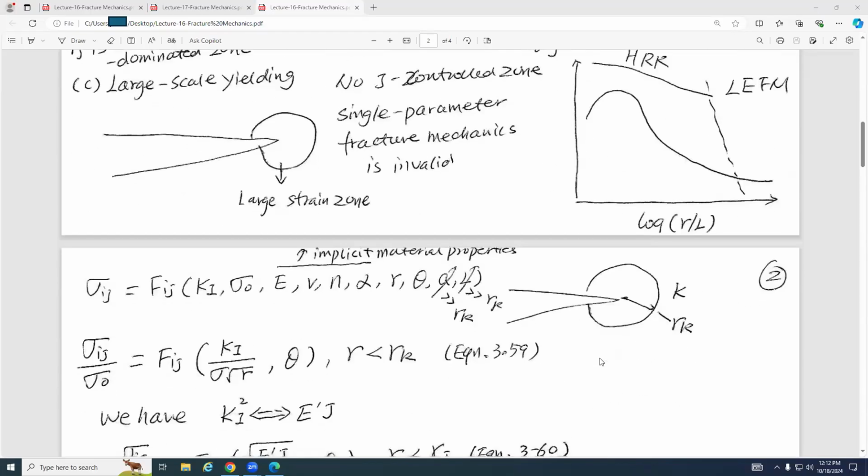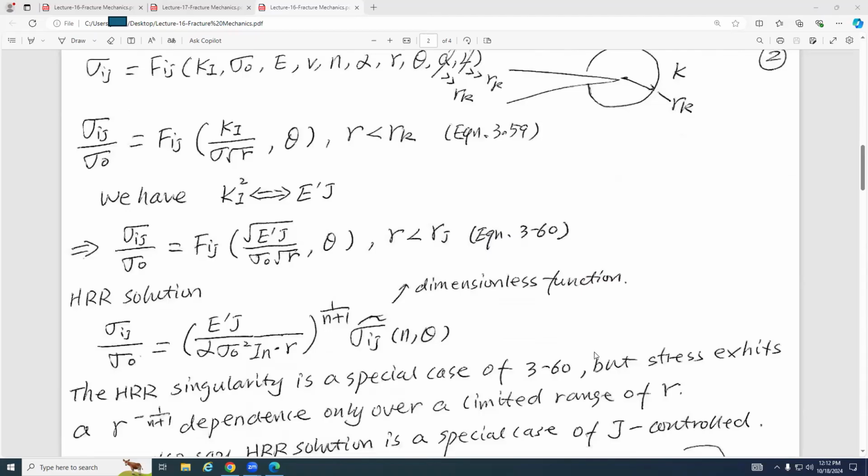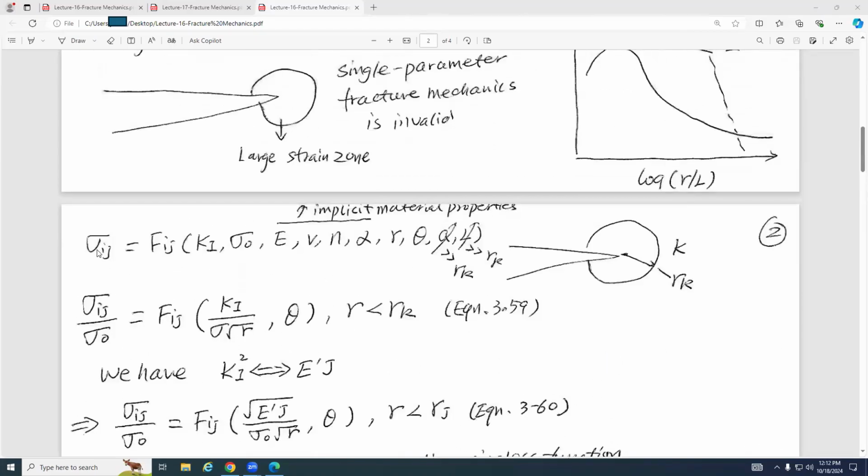Okay. So then we look at this HRR zone. For this sigma ij, we have Ki, and we have sigma zero. Sigma zero is usually the reference stress, and it usually equals the yield strength. Write down, guys.